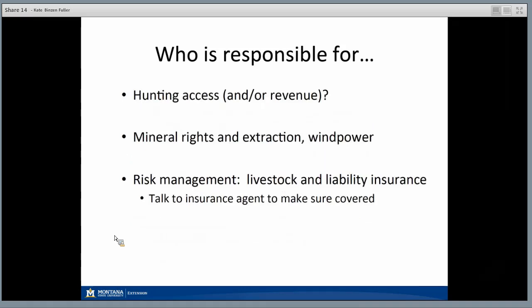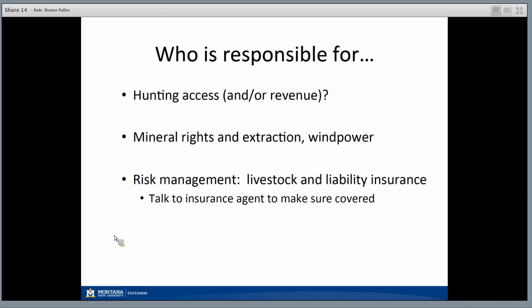So, continuing on this, who is responsible for what? Hunting access and/or revenue. So who determines whether there is hunting access, who can come on, who's going to collect revenue from people that are paying a fee to do that. Mineral rights and extraction.